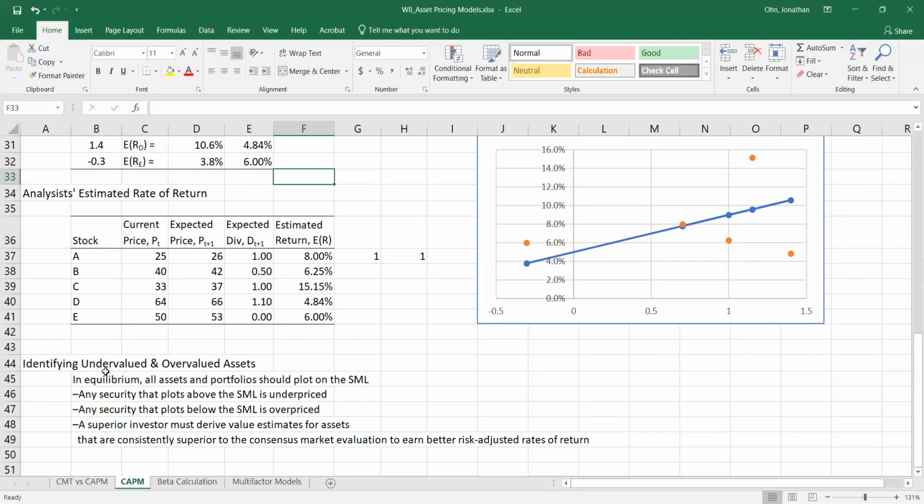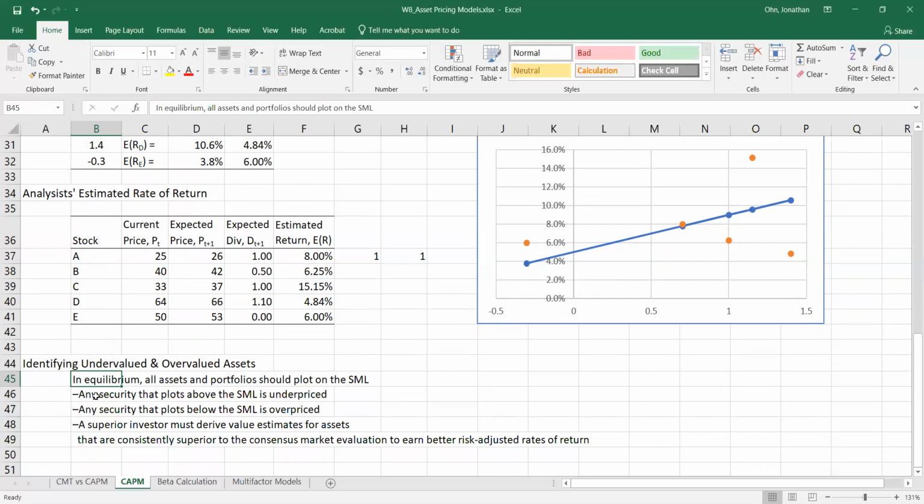Based on this information, we can identify the undervalued or overvalued stocks. In equilibrium, all assets and portfolios should be located on this CAPM line, the SML. When the market is in equilibrium and the stock price is valued rightly, then all the estimated returns should be on here.